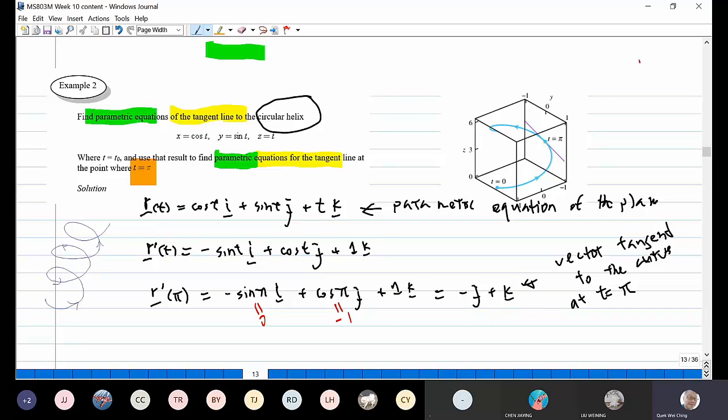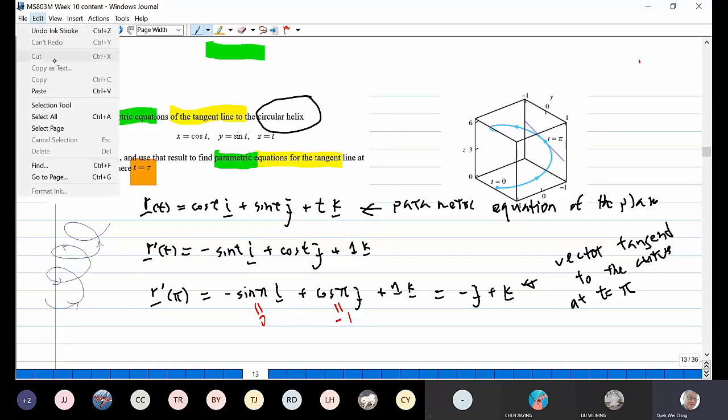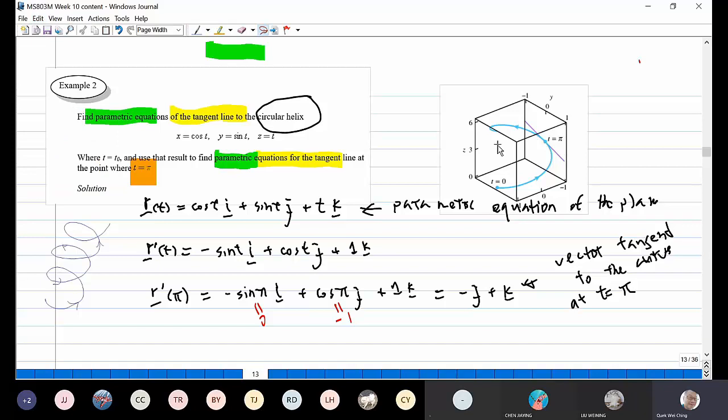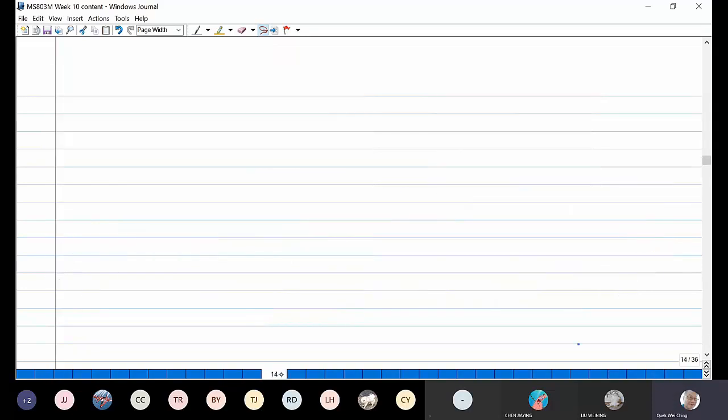So where are the x-axis and y-axis here? Let me copy this graph here and move it to the next page.